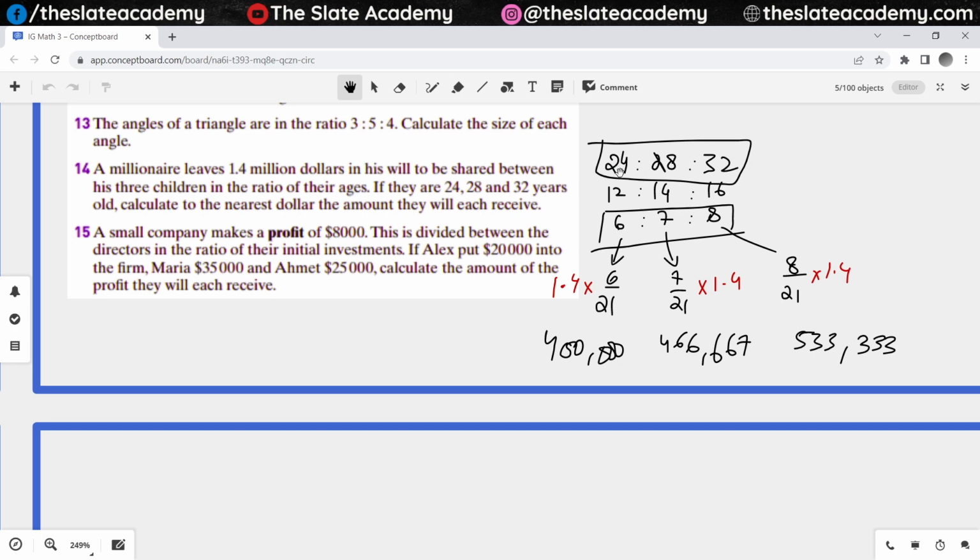Then we simplified that to a smaller number. Turns out it is 6 ratio 7 ratio 8. And then the sum of the ratio 6 plus 7 plus 8, 21. So the share of first person is 6 out of 21, second person is 7 out of 21, third person is 8 out of 21. And then their share multiplied by total wealth for each of them. This is the amount that each one of them would get.